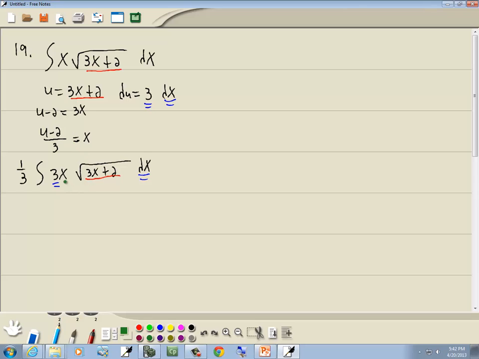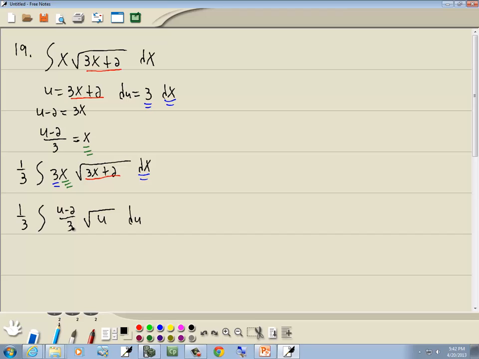And then the x here matches the x here. So let's see what we have after we substitute that in. The x, we'll put in u minus 2 over 3 there. Then the square root of u, and then the 3 dx gets replaced by du.